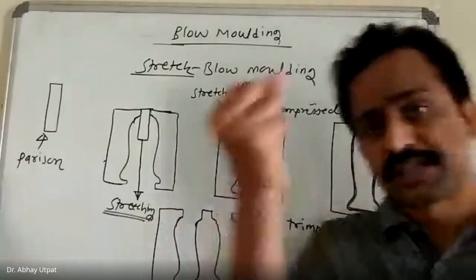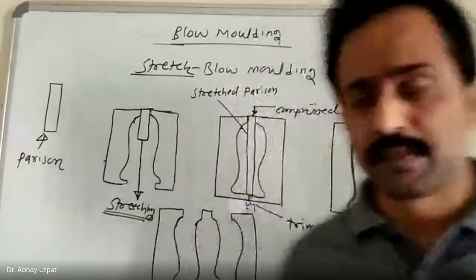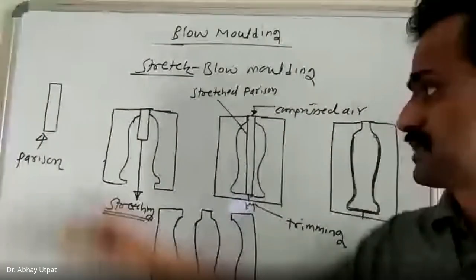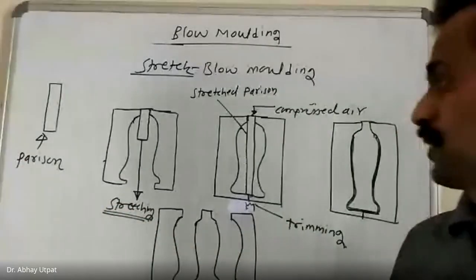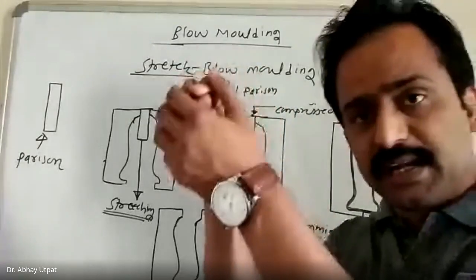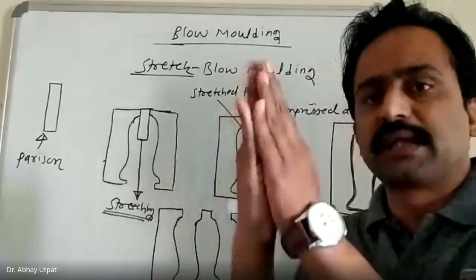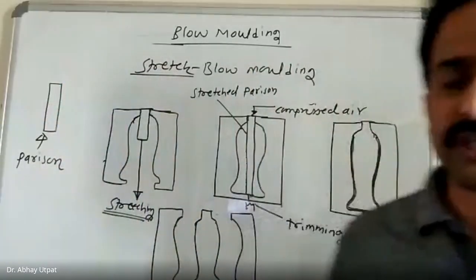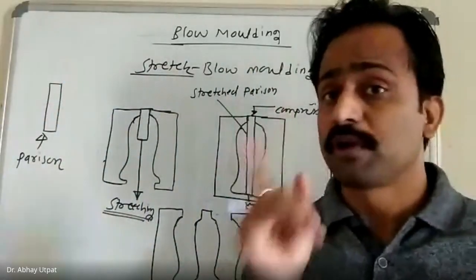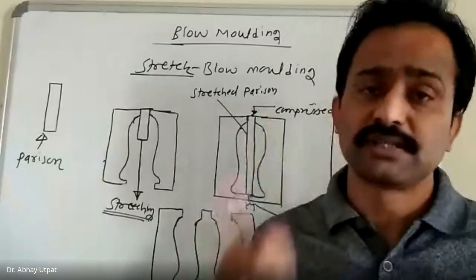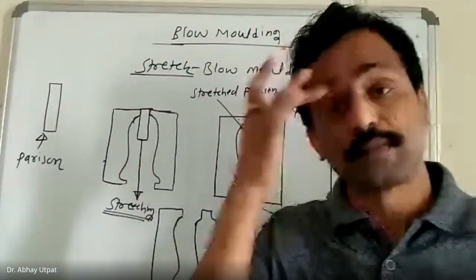That's why stretching and blowing will require less effort, and hence the parisons are stretched with the help of some stretching mechanism, and stretching the polymers means extending it in longitudinal direction. First, longitudinal extension and then lateral extension. So both processes are carried out. It will give good molecular orientation. This is a very important statement which can be used maybe in MCQs.